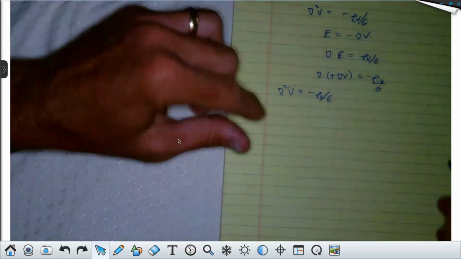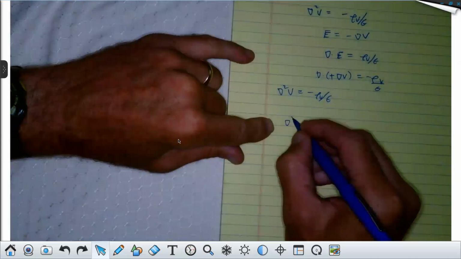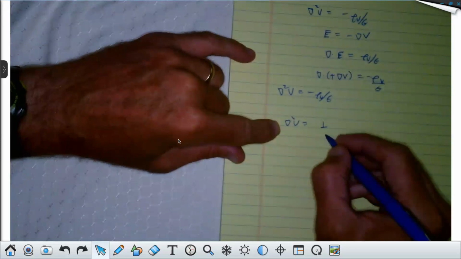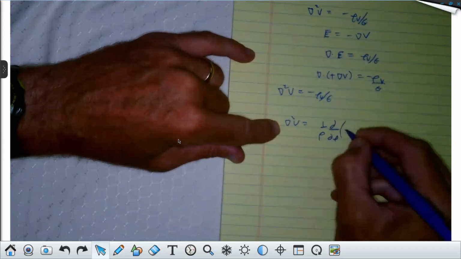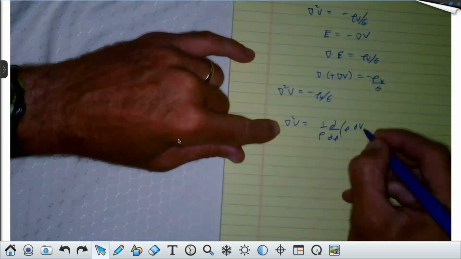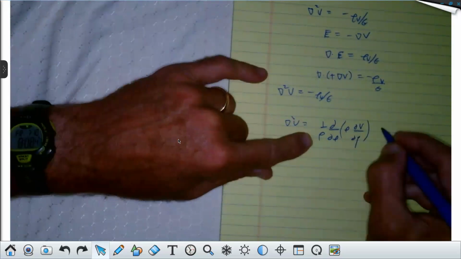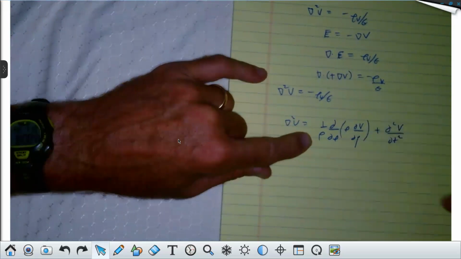When I do del squared V, this is equal to 1 over rho, and then it's going to be d d rho of rho times dV d rho. That's the first term. You'll notice it's a scalar. Then there's a second term, the second derivative of V with respect to z squared. And then there's a third term.